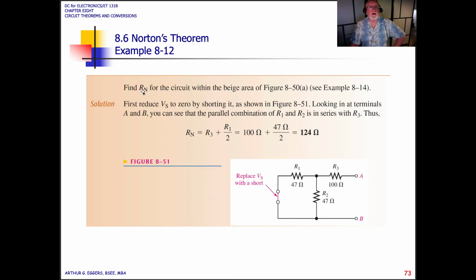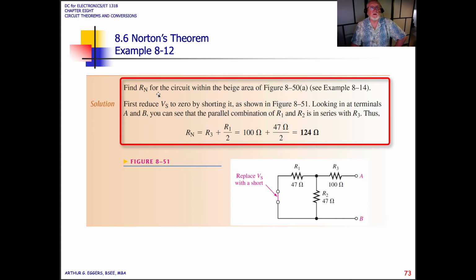Now we want to find R Norton, just like we did with R Thevenin. Find R Norton for the circuit within the beige area. Again, first reduce V sub S to 0. How do we do it? Well, we take the battery out and short across the poles. Looking in at the terminals A and B again, so we're looking into the output port, you can see that the parallel combination of R1 and R2 is in series with R3.